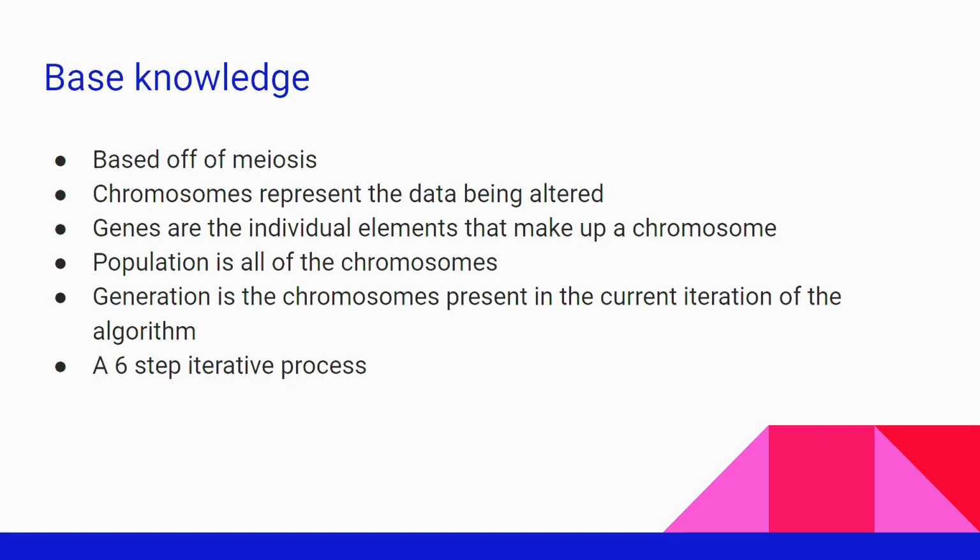The genes represent the individual elements that make up the chromosomes. The population is all of the chromosomes together. The generation is the chromosomes present in the current iteration of the algorithm. And overall, the algorithm is a six-step process that'll be repeated multiple times to optimize and predict what the data is trying to be worked for.